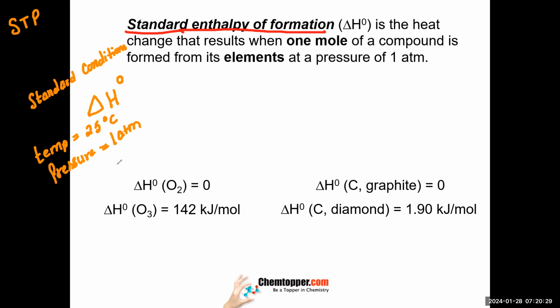You're going to measure delta H naught, delta G naught, delta S naught, E naught cell, unit 9. Whenever you see this naught, they are saying standard conditions.